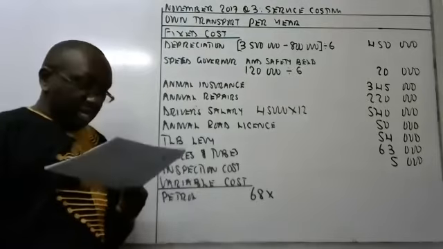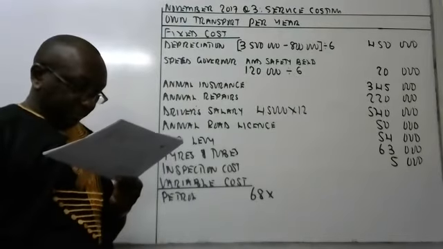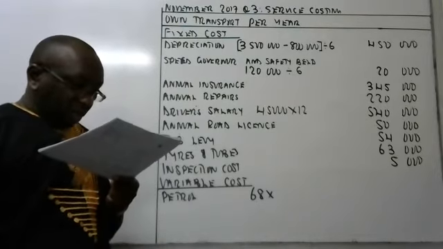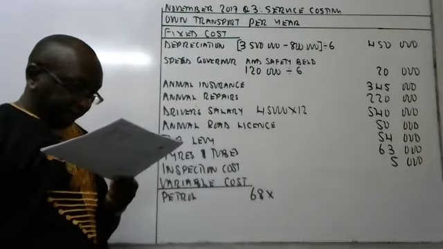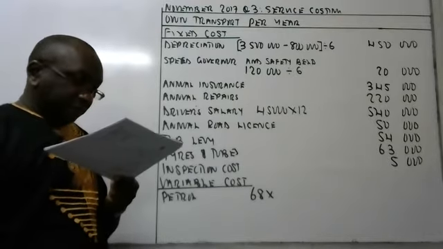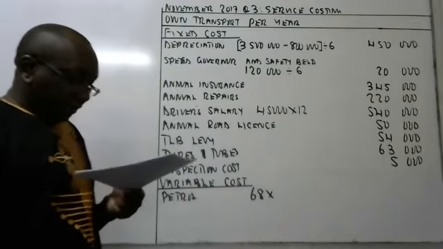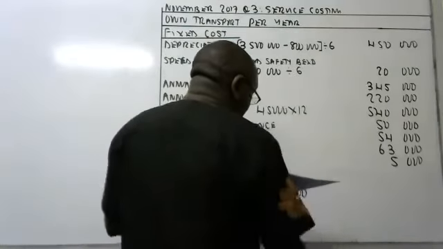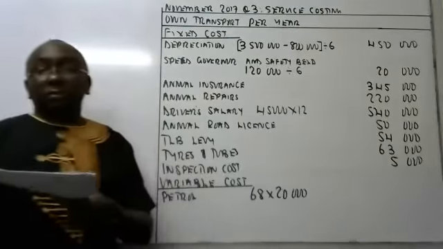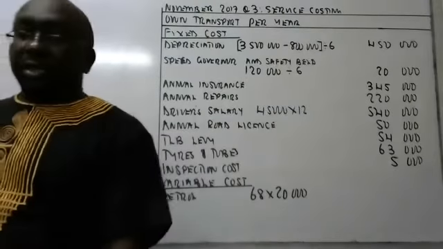And you can see that according to information, that is per kilometer. According to information 1, the vehicle is covering 20,000 kilometers.